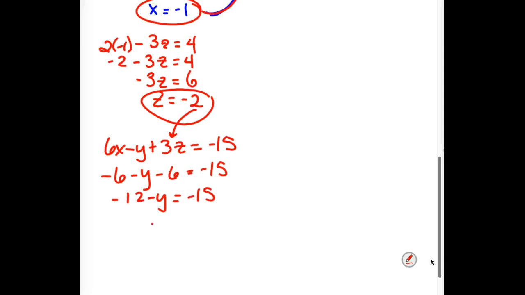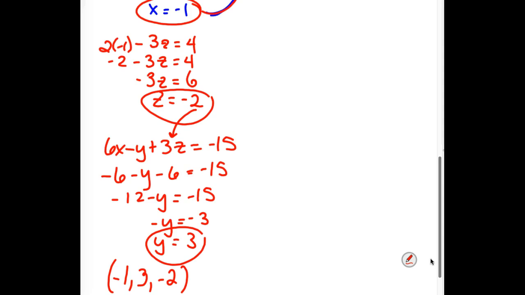Adding the 12 over, we get negative 3. So y has to equal positive 3. All right, so my solution would be what? Negative 1, 3, and negative 2?